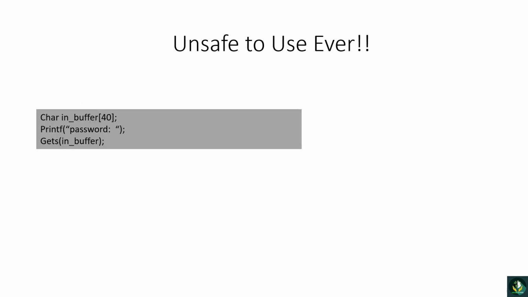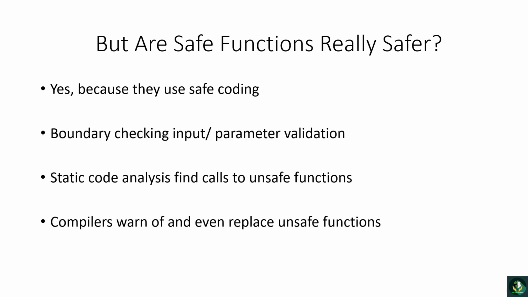An example of an unsafe function to avoid: in this case, the code makes it very easy to check your password, because the password is within the code, so anyone can check the password within its code. But are our functions really safer today?